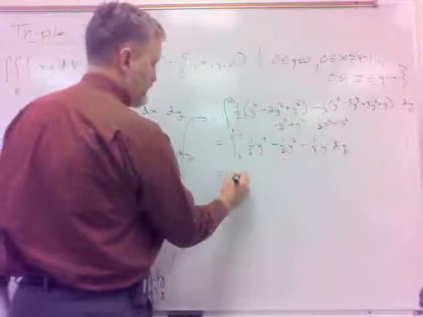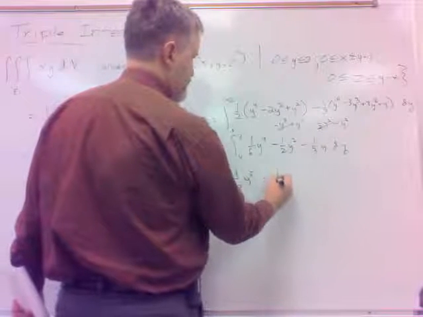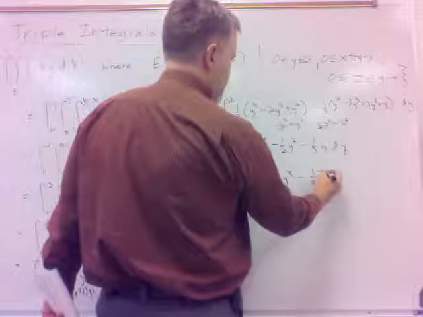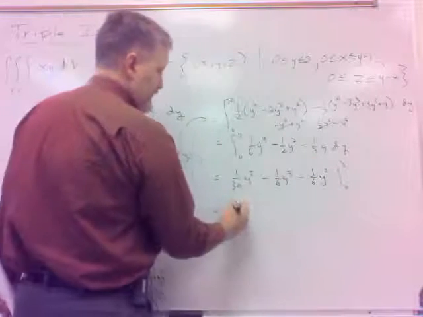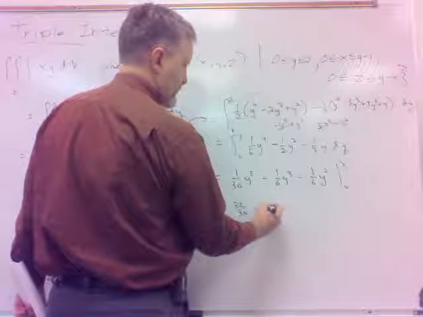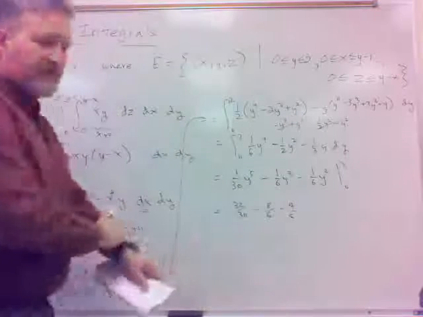So what is this? 1/30 y to the 5th minus 1/6 y to the 3rd minus 1/6 y squared, from 0 to 2. So we have 32/30 minus 8/6 minus 4/6. Whatever that turns out to be.